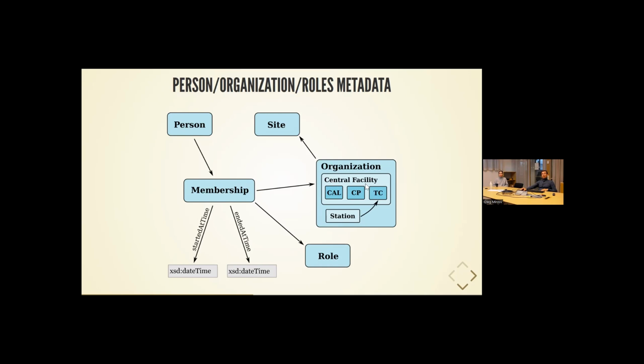These nested boxes symbolize subclassing or subtyping. So station is a kind of organization, and a central facility is a kind of organization, and that could be a calibration lab or carbon portal or thematic center. We have three in ICOS, as you probably know.